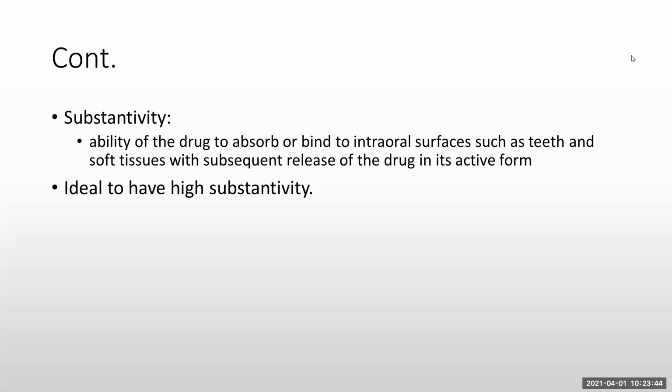So you want something with substantivity, and substantivity is the ability of the drug to actually absorb or bind to intraoral structures like your teeth and your soft tissue, with subsequent release of that drug in its active form. So you want to find something that has a high substantivity. What is going to linger in the mouth longer?